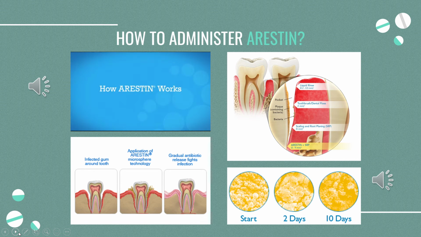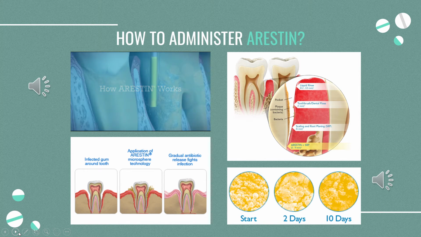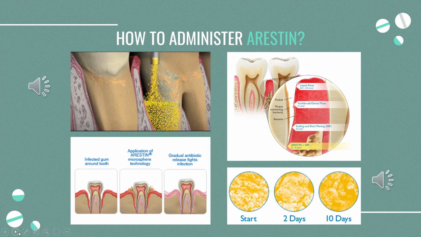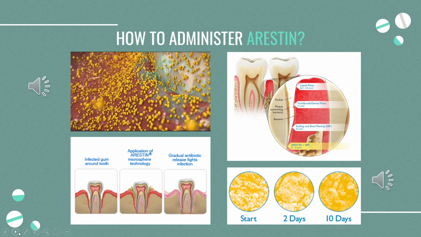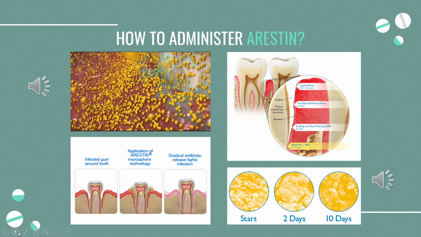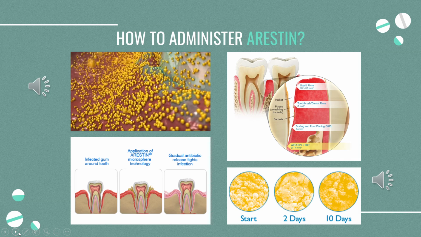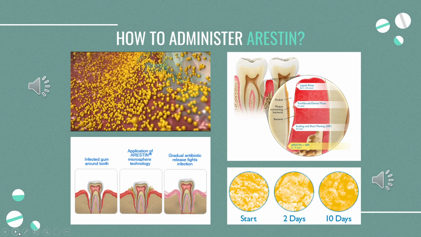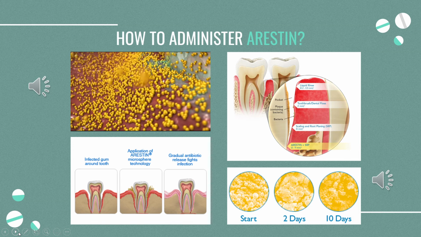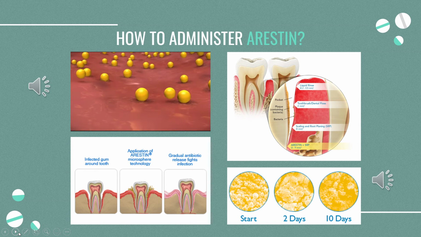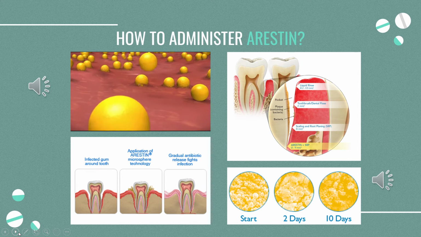Arestin works by using a microsphere delivery system through the gradual release of a minocycline antibiotic to target infections found in periodontal pockets. Arestin is administered as a powder that is injected into the base of the pocket. Once it mixes with gingival crevicular fluid, it begins hydrolyzing, which allows the microspheres to bioadhere.